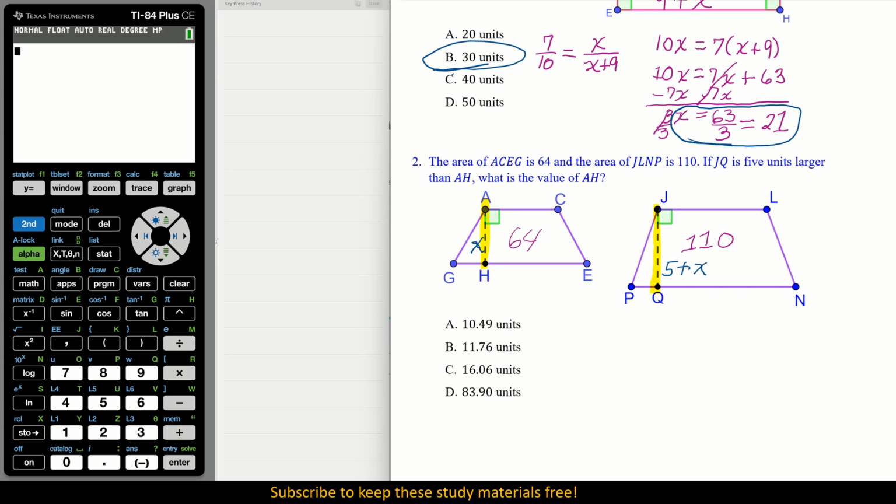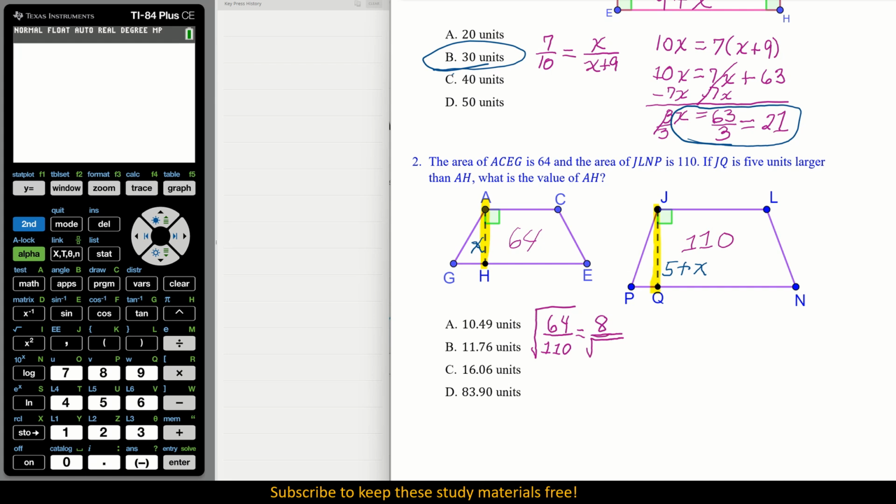Now, we do have something a little different going on. We have a ratio that they are giving us that is associated to area. That means in order to associate it to perimeter, a one-dimensional line like AH, we have got to put it under the square root, which gives us 8 over the square root of 110.